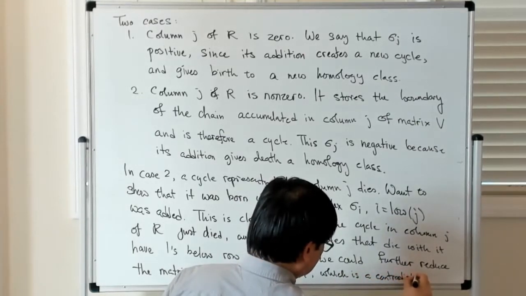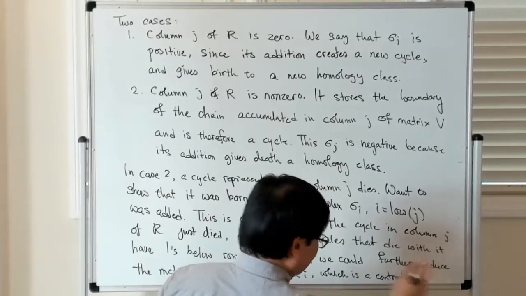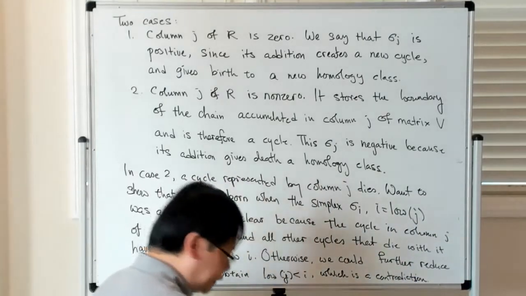So it contradicts the assumption that the matrix R is already in reduced form.